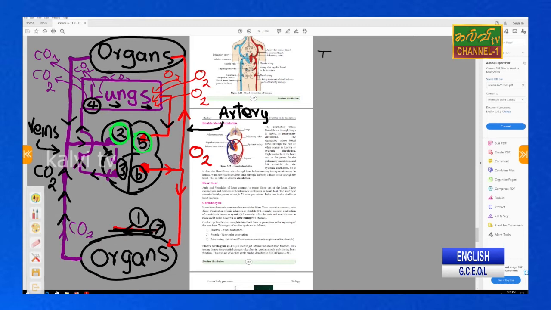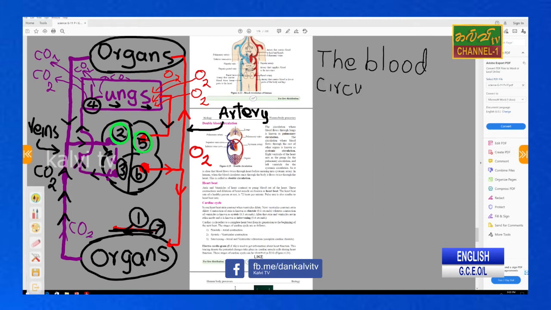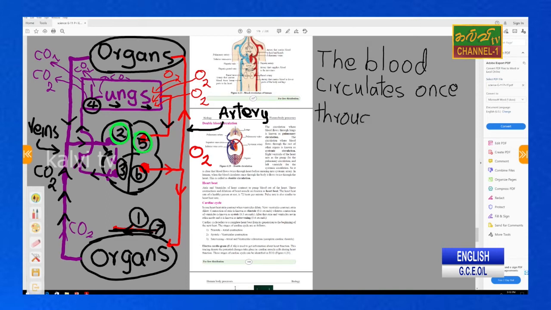The blood circulates once through the body.